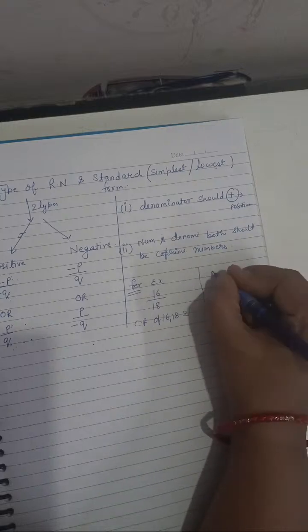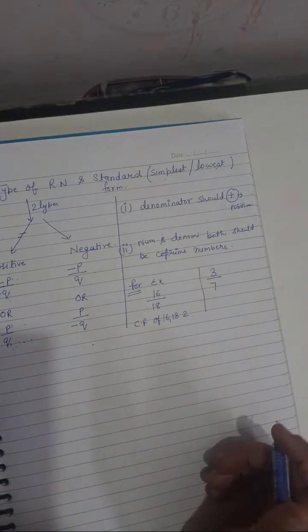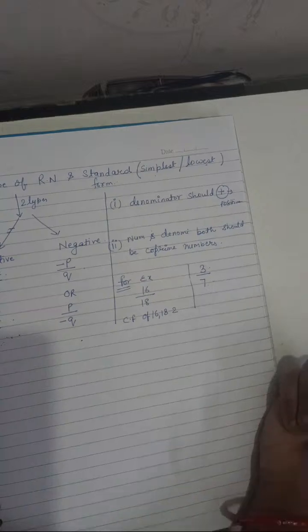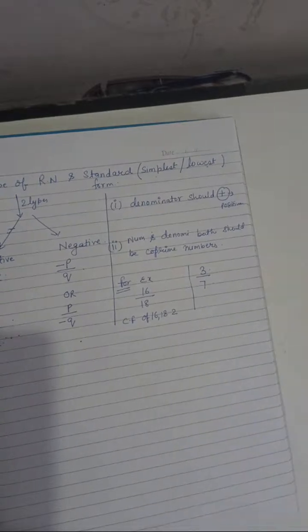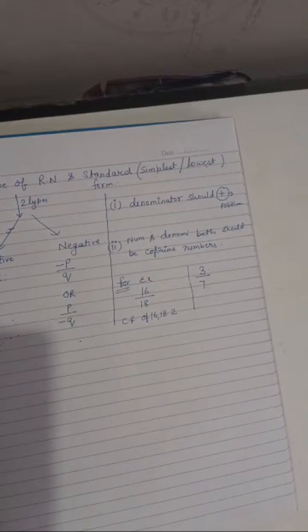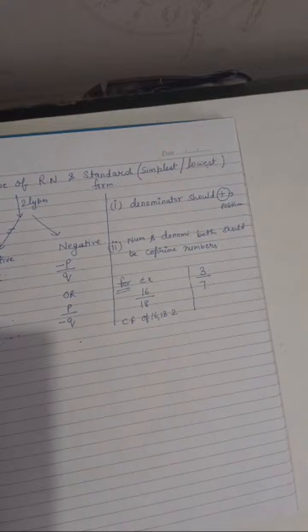Now if I am asking what is the common factor between 3 upon 7, just find out what is the common factor between 3 and 7.